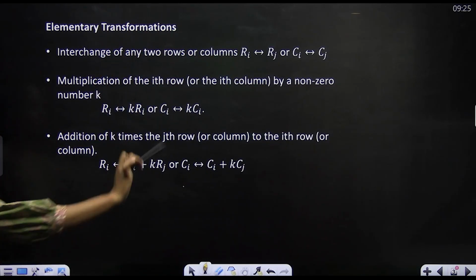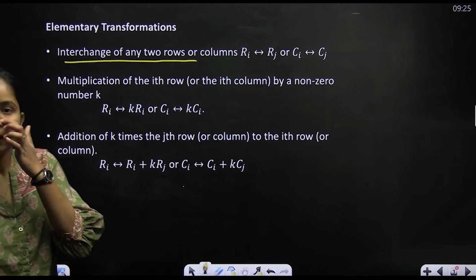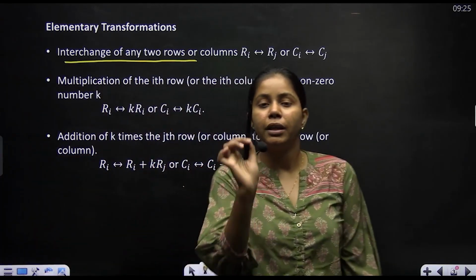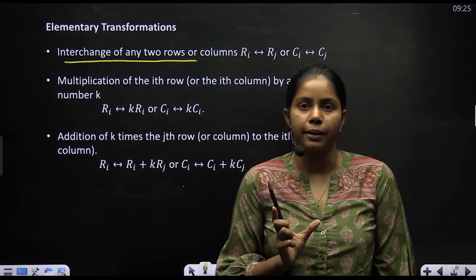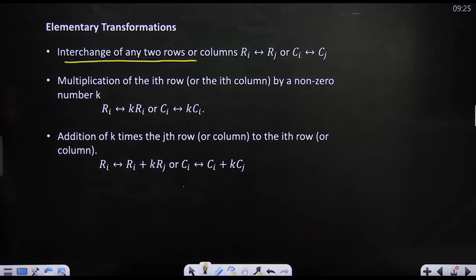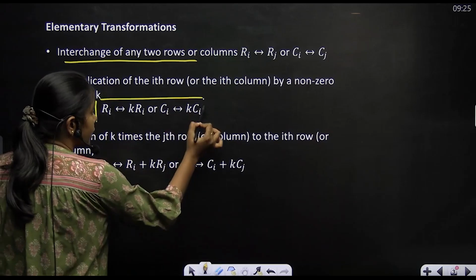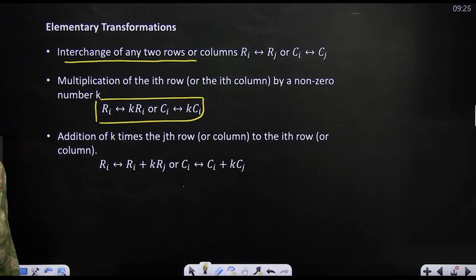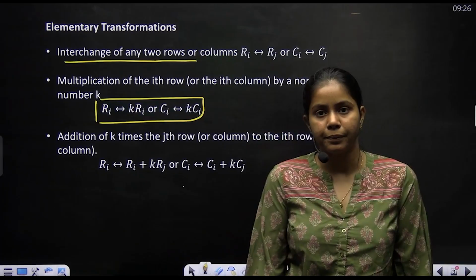What are those operations? I can interchange any two rows or any two columns. That's the same thing I did in determinant, but there I said that the determinant gets multiplied with a negative sign. Now, multiplication of the ith row by a non-zero number k. I can multiply a row by a scalar k. I can do the same thing in determinant as well, but the determinant gets multiplied by k.